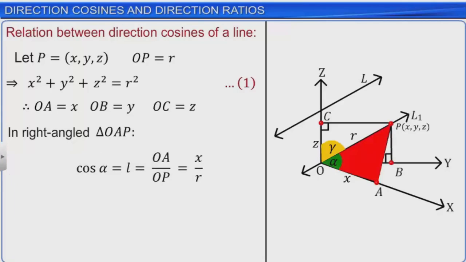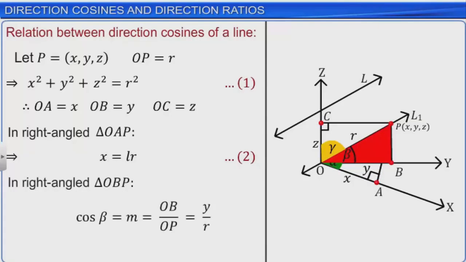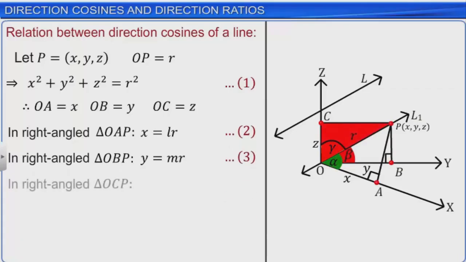This gives us equation 2. Similarly, finding the value of cos beta from right-angled triangle OBP, we get equation 3. The value of cos gamma from right-angled triangle OCP gives us equation 4.